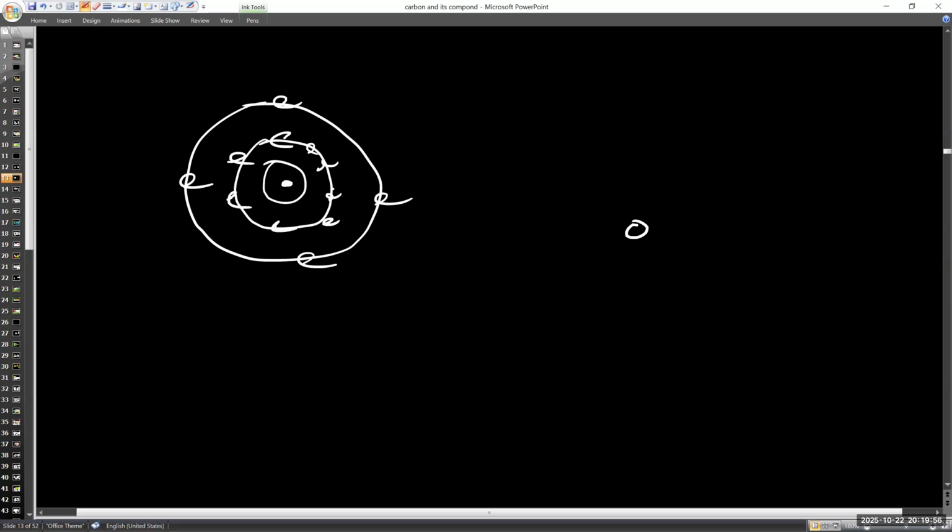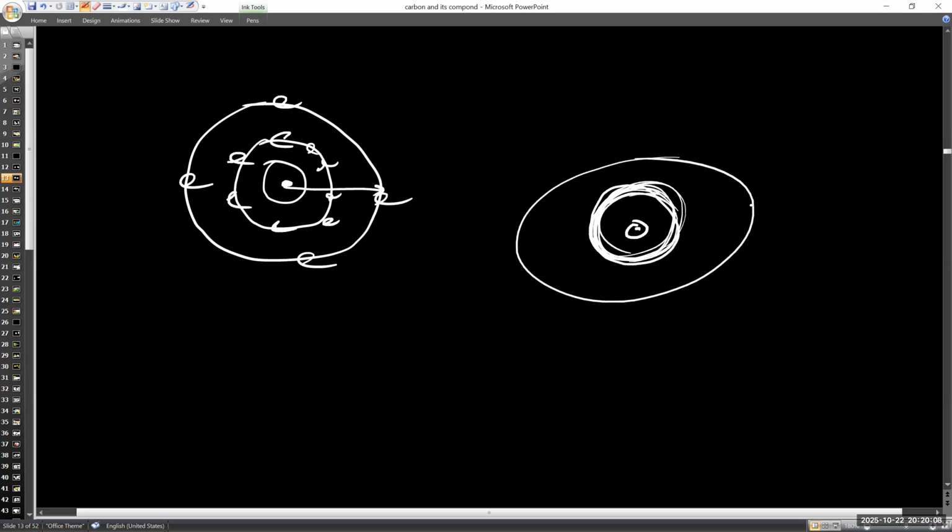And the nucleus, even though it is powerful, is not visible, because the inner electrons make a cloud around it. They revolve so fast that the nucleus is not visible to the outermost shell electrons. This is called the shielding effect. So in silicon, because of extra shells, the electrons shield.